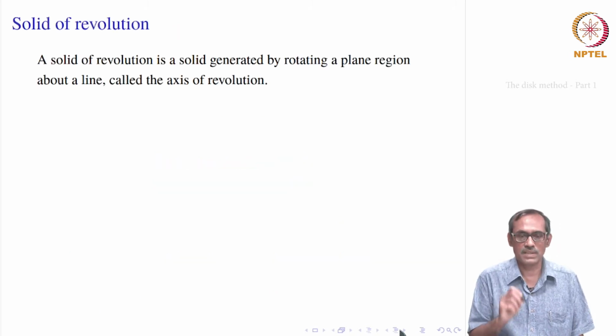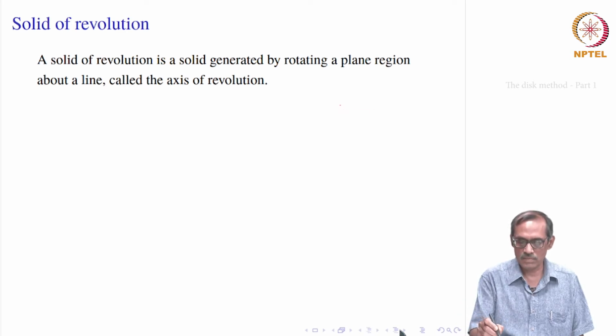First, what is a solid of revolution? A solid of revolution is a solid which is generated by rotating a planar region about a line. That line is called the axis of revolution. For example, take a line and a rectangle next to it.